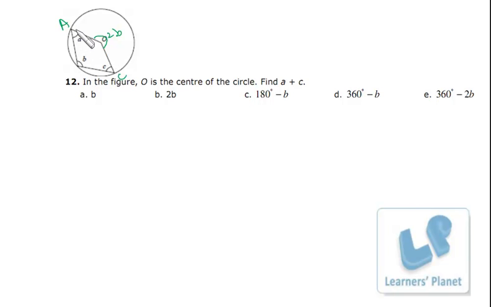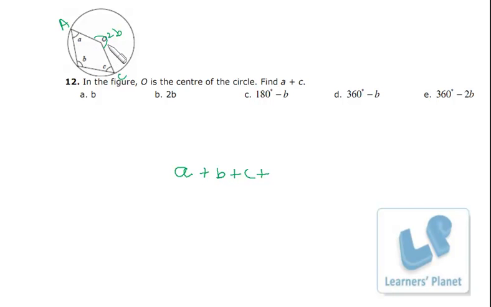Now this is a quadrilateral. The four points of the quadrilateral, it is not a cyclic quadrilateral. Be very clear about it, because the fourth point is not on the circumference of the circle, right? But this is for sure a quadrilateral. So the sum of the four angles must be 360 degrees. So I have this angle A, plus B, plus C, plus this angle, which is actually 360 minus 2B, because this complete angle is 360 degrees.